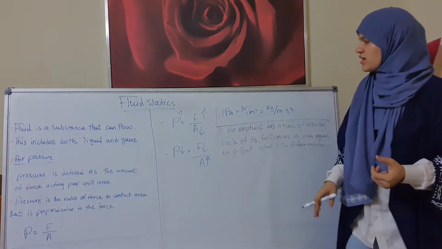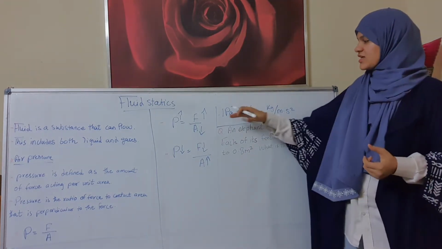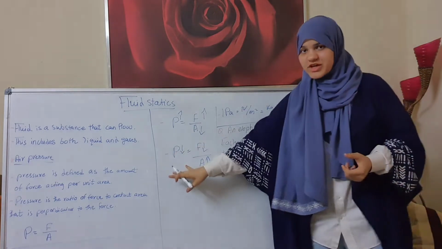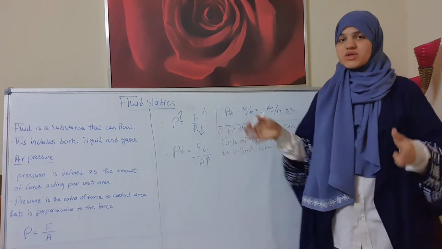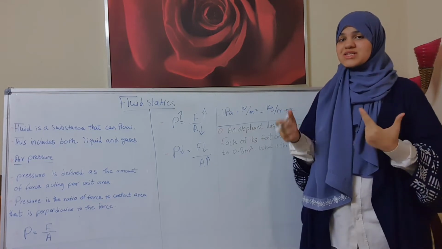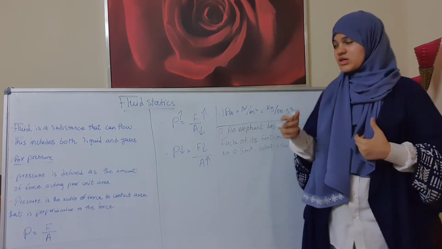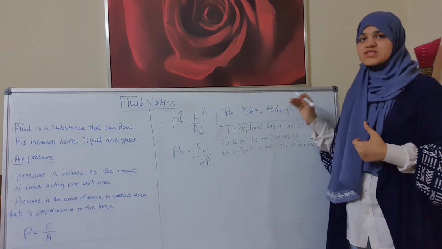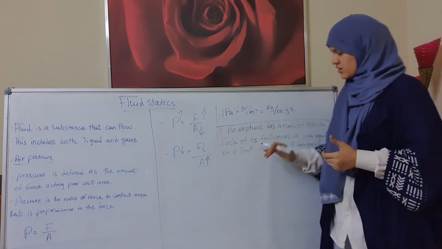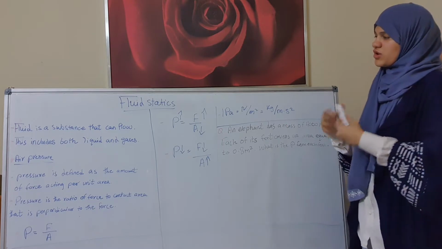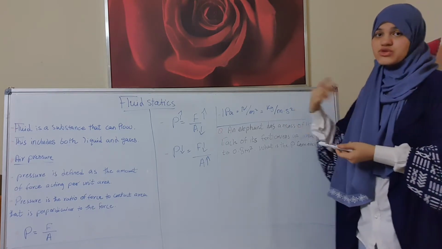Now, Pascal is a unit of pressure. 1 Pascal is equal to Newton over meter squared, or in another way, kilogram over meter per second squared.